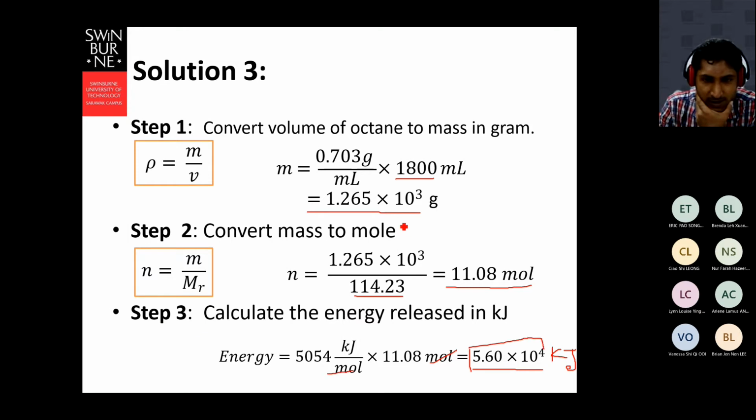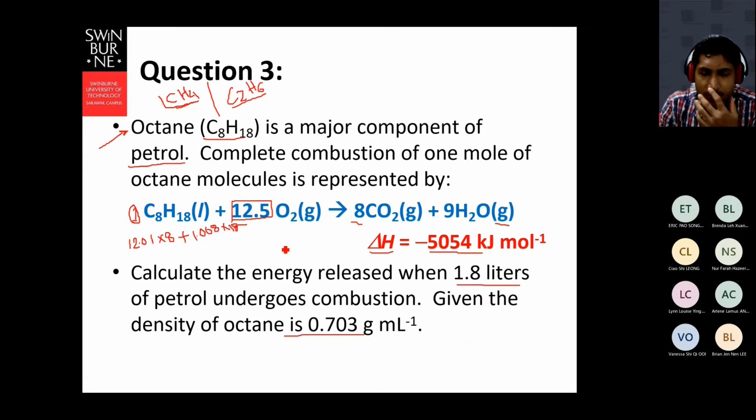1.8 liter means how many miles does it move? It depends on the car, I know, but let's say on average the car gives 15 kilometer per liter, and 15 times 1.8 is 27 kilometer.